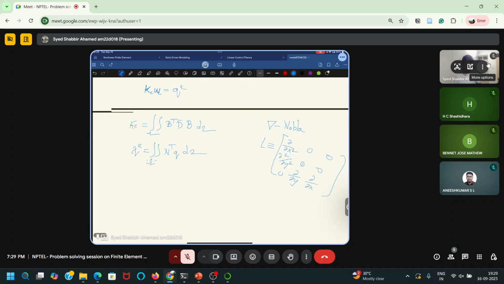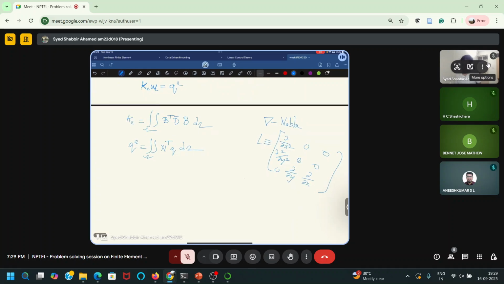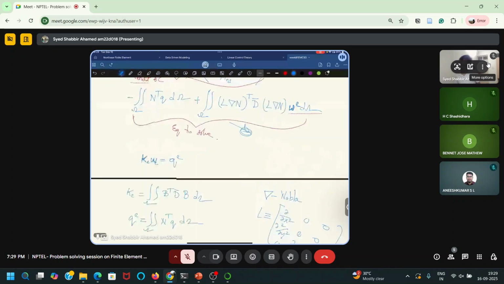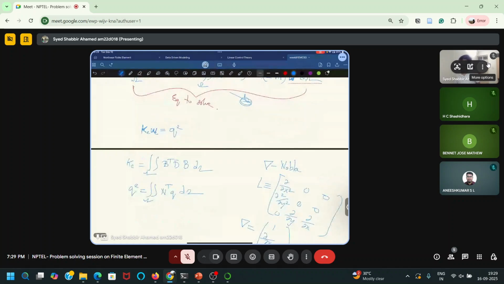And this is my nabla. These are operators, differential operators. So this is my nabla. If you substitute these things and do these integrations, you will get Ke into We is equal to Qe.